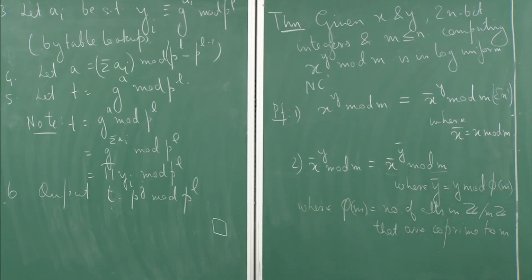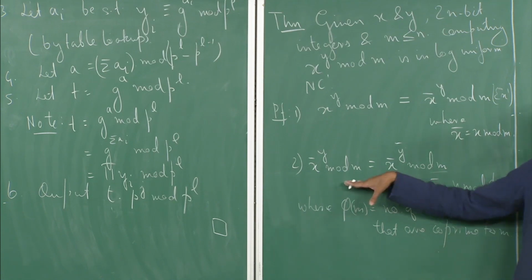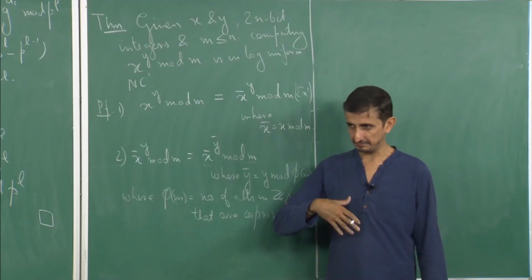Yeah, you have to do repeated squaring, which is fine because the numbers are small now. So by brute force I meant repeated squaring only. So think about it. Actually, that is also not very obvious.